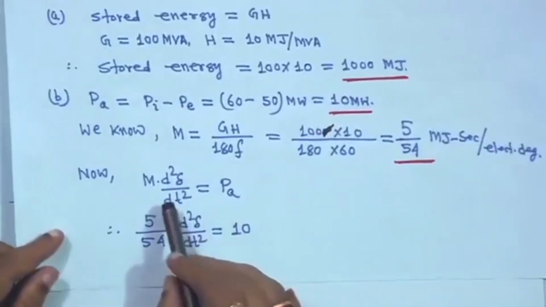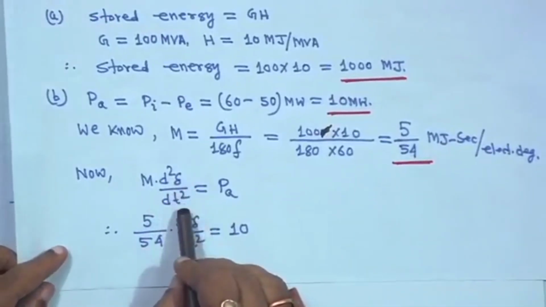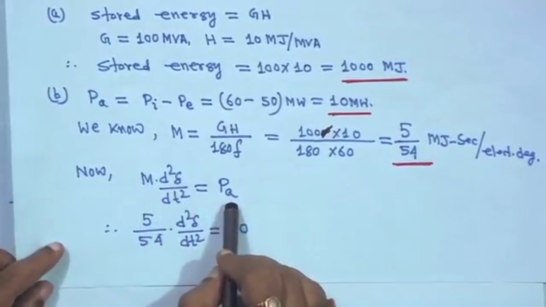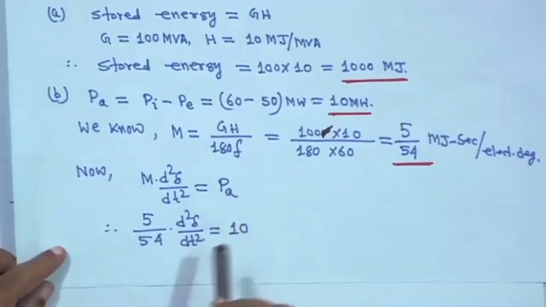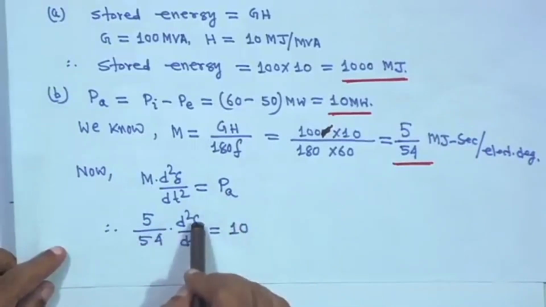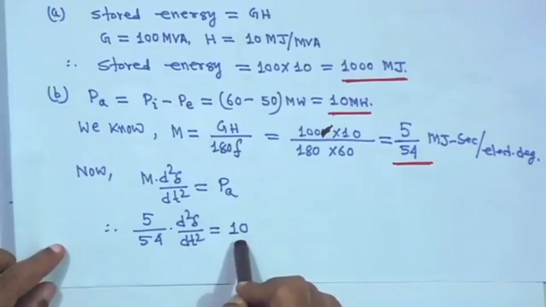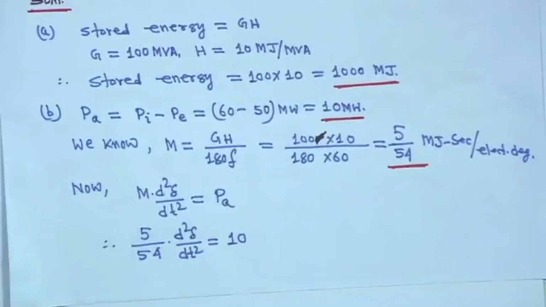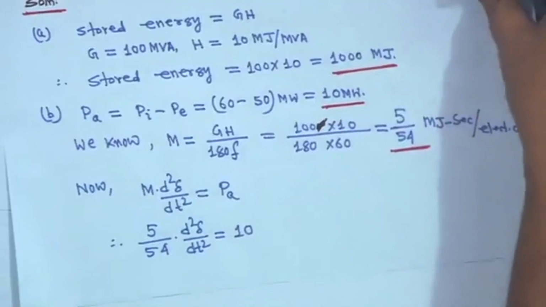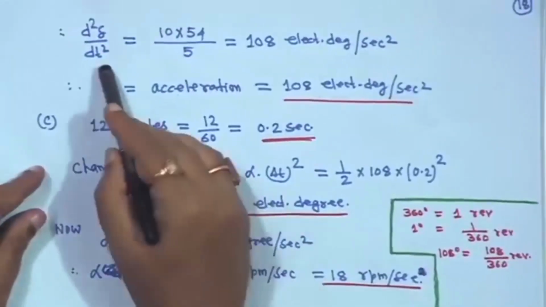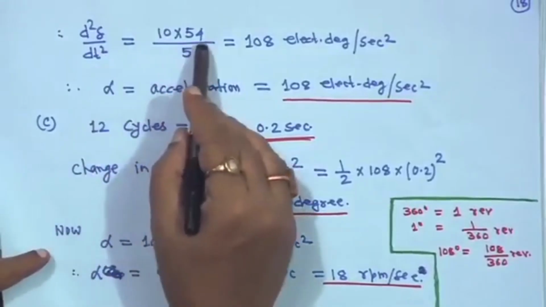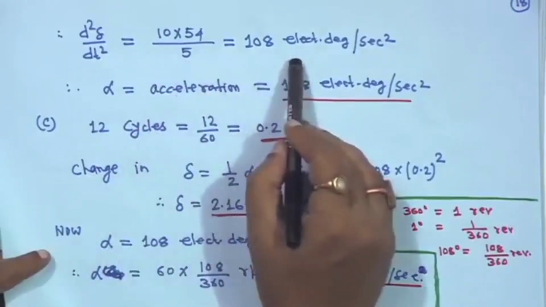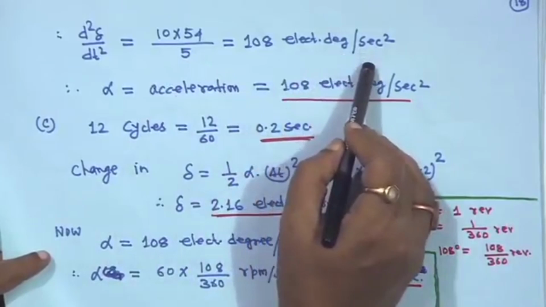Now, we know that M into d square delta upon dt square is equal to the accelerating power P_A. Therefore, 5 by 54 into d square delta dt square is equal to 10. So, that means d square delta dt square is equal to 10 into 54 by 5, 108 electrical degree per second square.